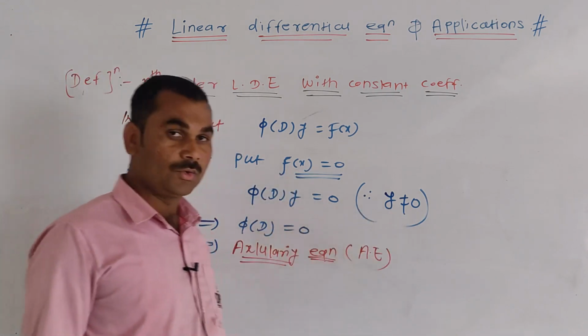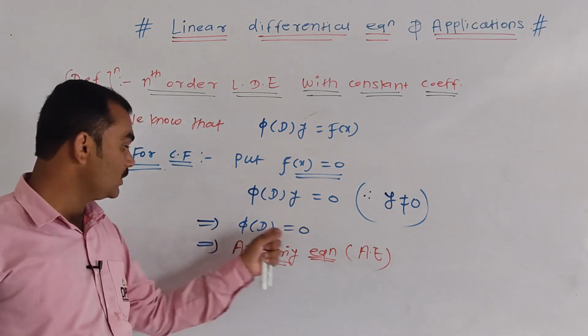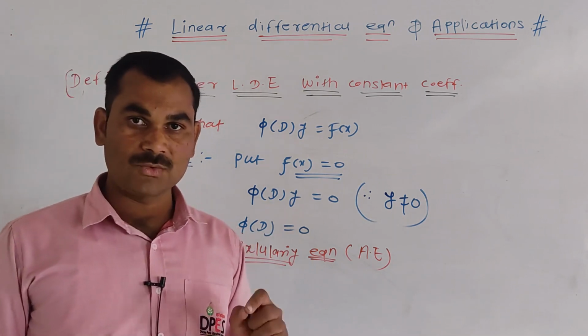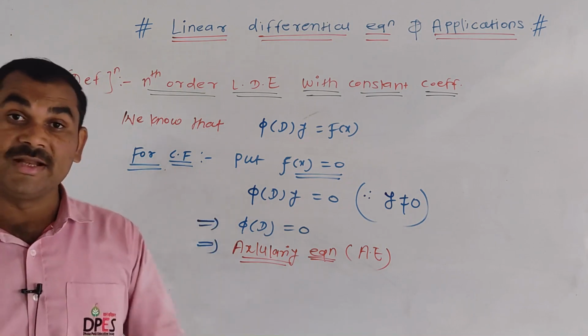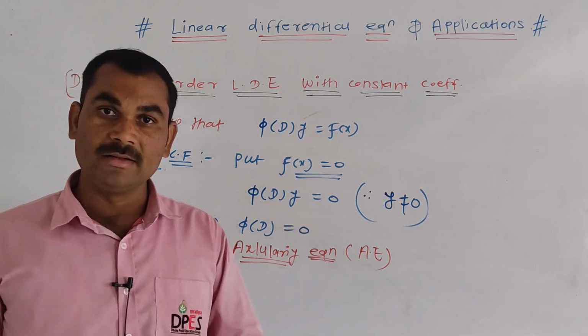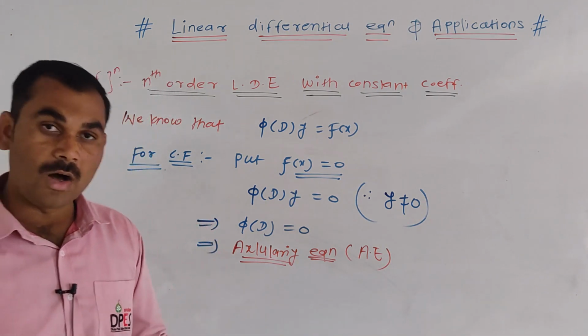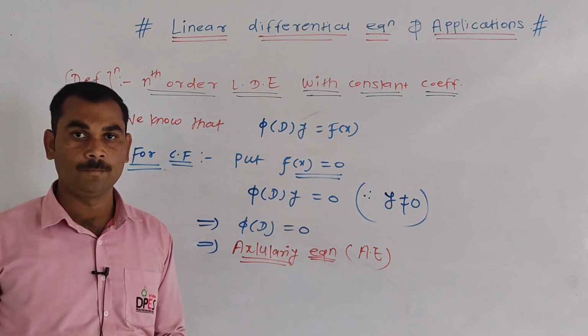But y is not equal to 0 implies phi of D is equal to 0, and phi of D is equal to 0 is called the auxiliary equation. Phi of D is an nth degree equation in D, so this equation has at most n roots. Find all the roots. Then we have to write CF directly.